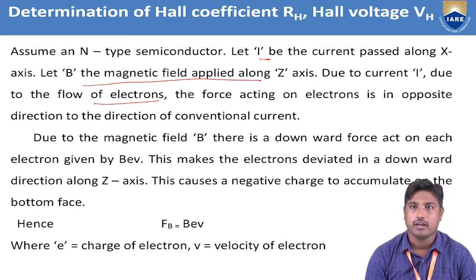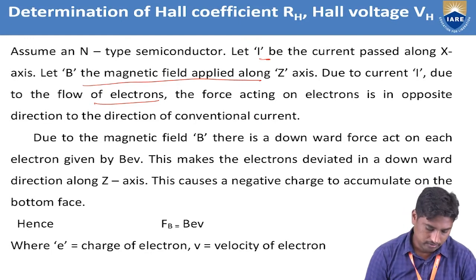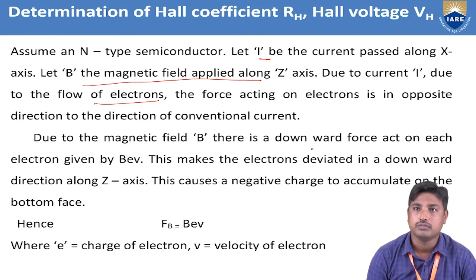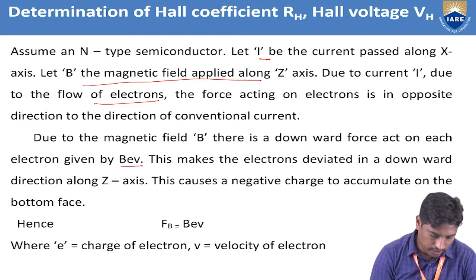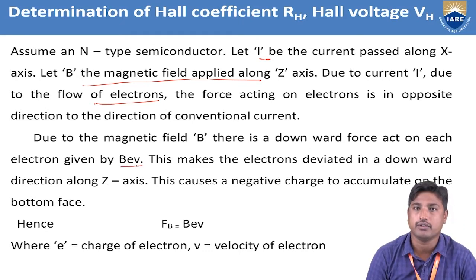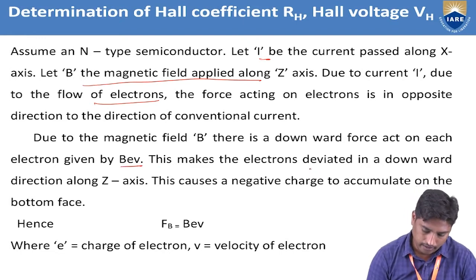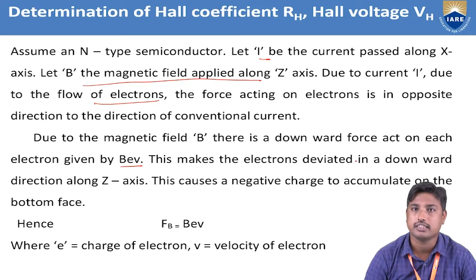At the same time, due to the magnetic field, there is a downward force acting on each electron, given by B into e into v. This makes the electrons deviate in the downward direction, along the z-axis.